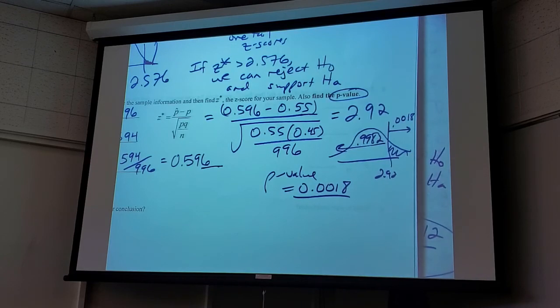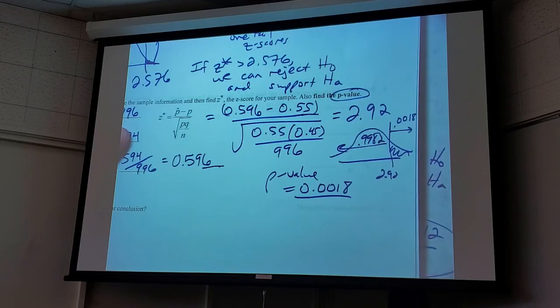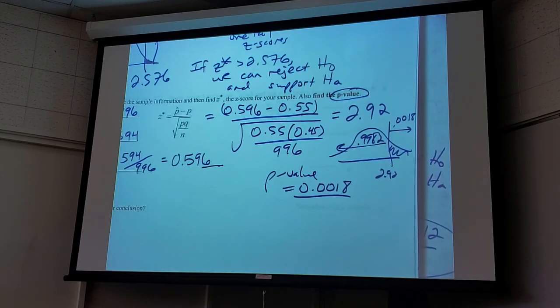Question. My original thought process was that once you got the area from the Z-score chart, you would divide that by 2. No, you're thinking backwards. If this was a two-tailed test, the p-value would be twice that.